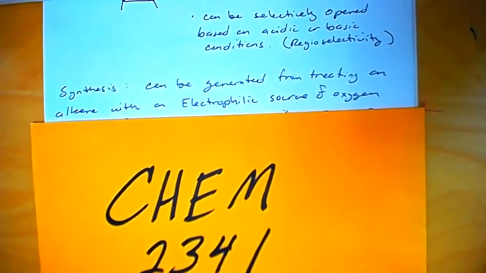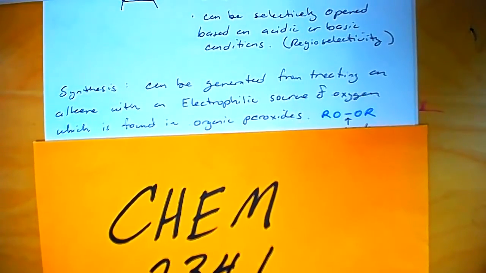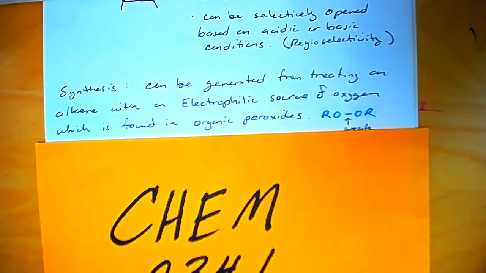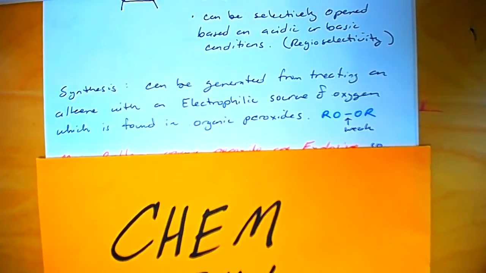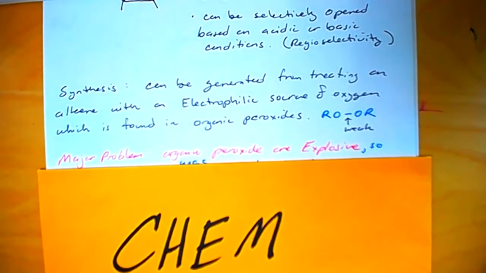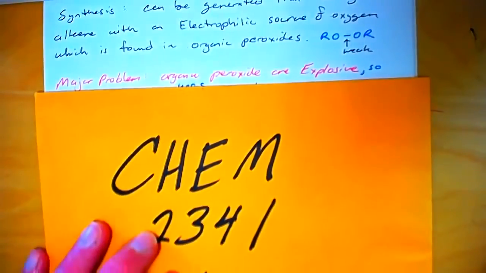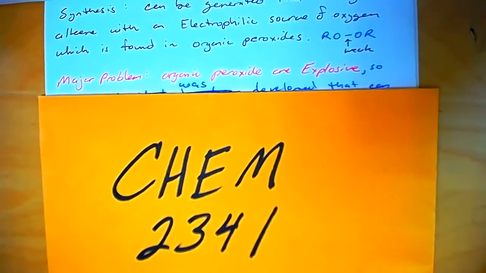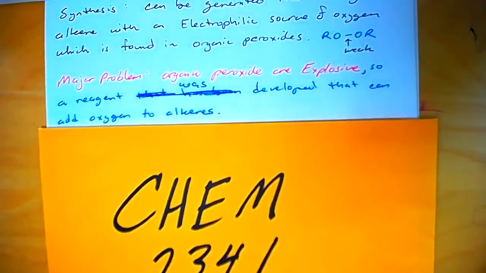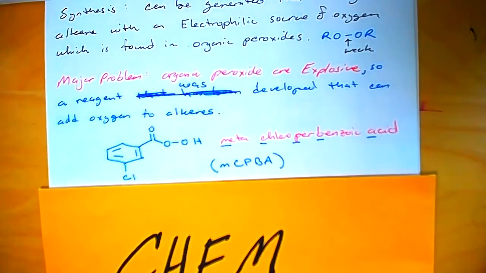So the synthesis can be generated from just treating an alkene with an electrophilic source of oxygen, which is often found in organic peroxides. The problem is peroxides are often explosive, and so there has been a more stable reagent that has been developed, which is this guy right here.